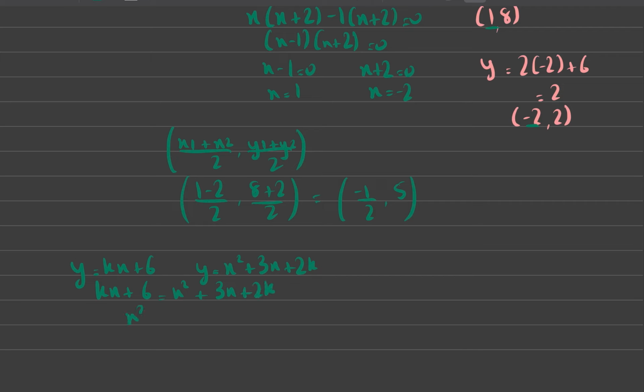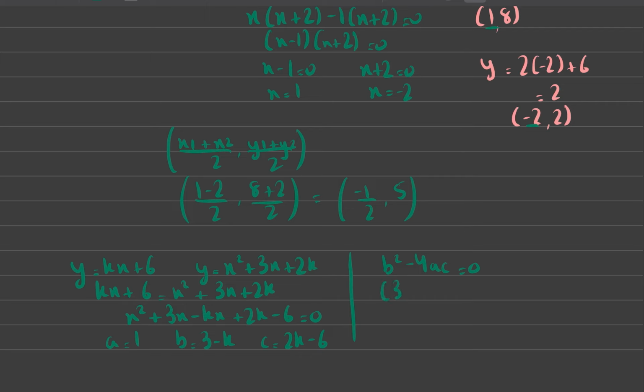Shift everything on one side, making sure that x squared is positive. Got this? Now what's written with x squared? 1. What's written with x? 3 minus k. What's written without x? 2k minus 6. It's going to be b squared minus 4ac is equal to 0.